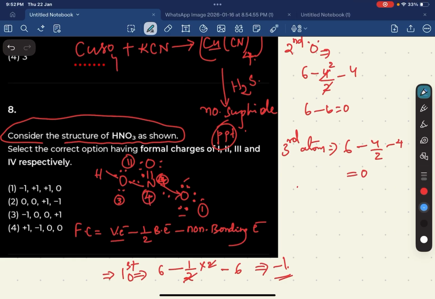So nitrogen has 5 minus 8 by 2 minus 0 electrons. So 5 minus 4 equals 1. So accordingly the charge of nitrogen is +1, students. Okay, so that's this question.